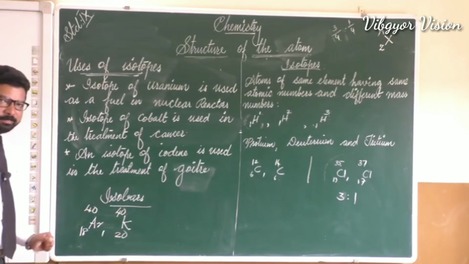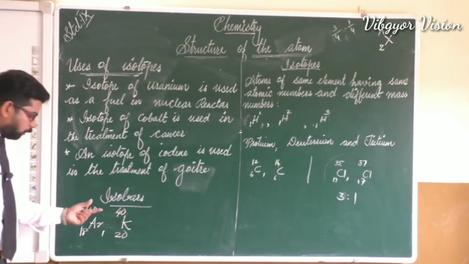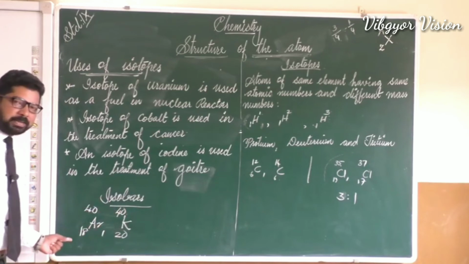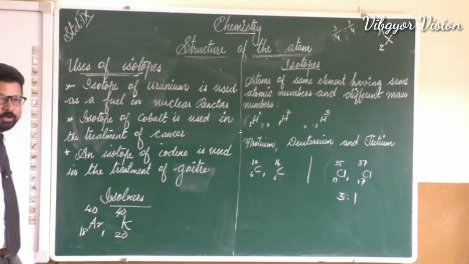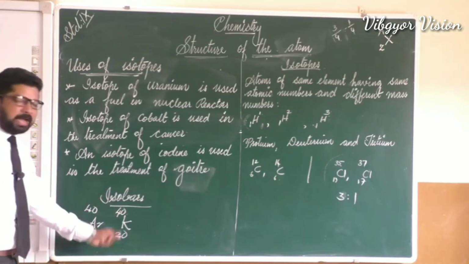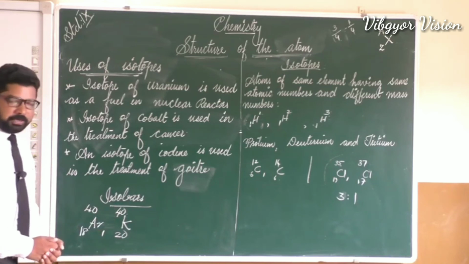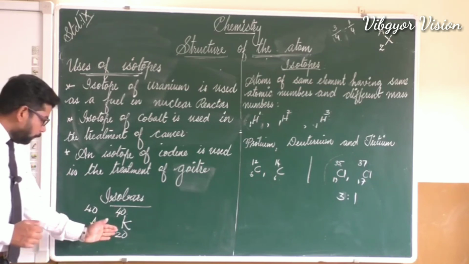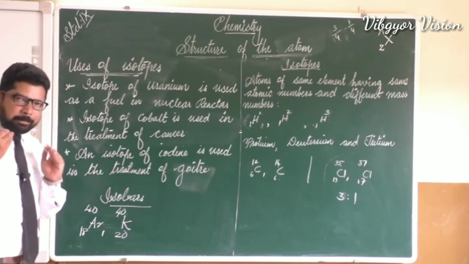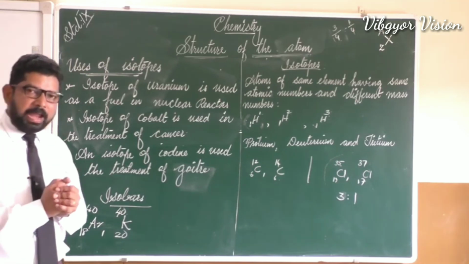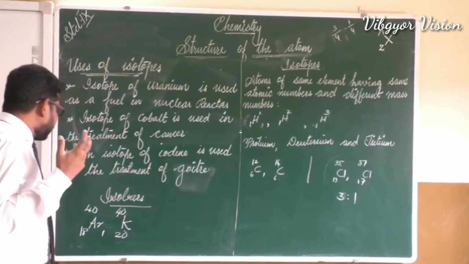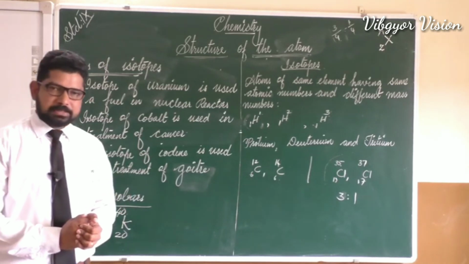Mass numbers are same, 40. But what about the atomic numbers? 18 and 20. Atomic number of argon is 18 and that of potassium is 20. So the mass numbers are the same, but atomic numbers are different because they are from different elements.